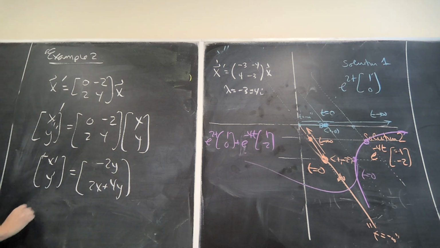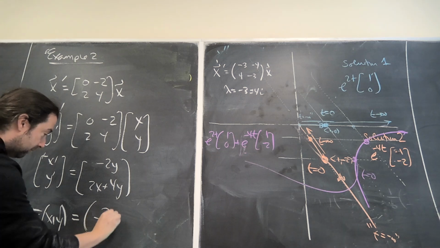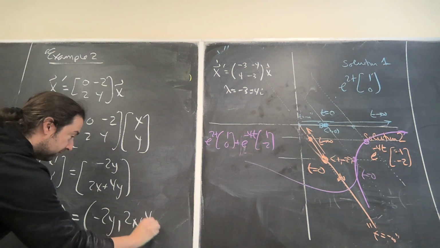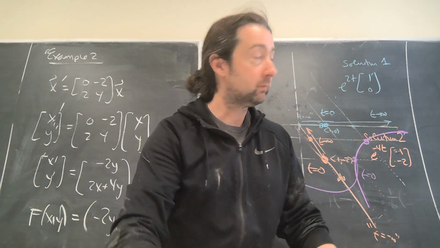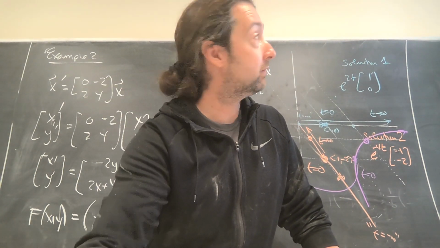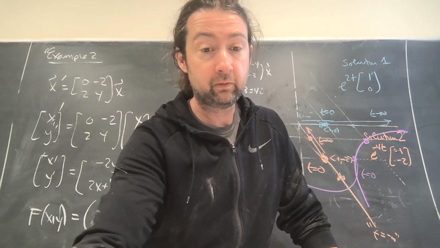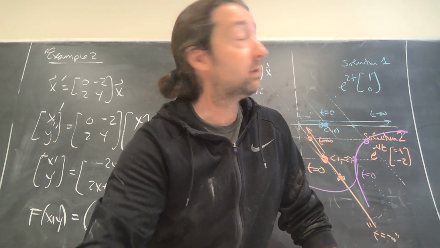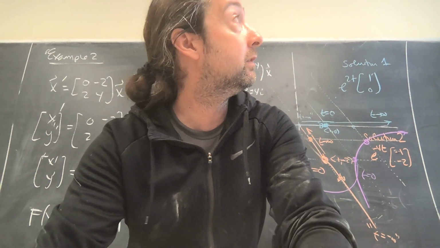And so I'm going to write down the vector field f of xy is equal to minus 2y, 2x plus 4y. That is the vector field that tells me if I'm at a point what direction I should move. 0 x's and minus 2 y's and 2 x's and 4 y's.